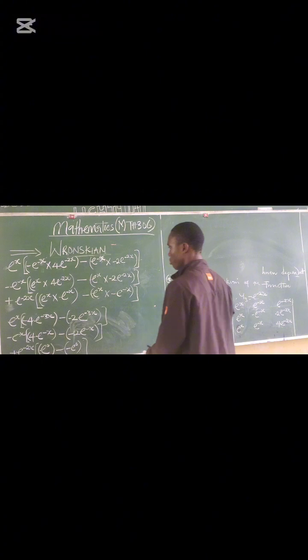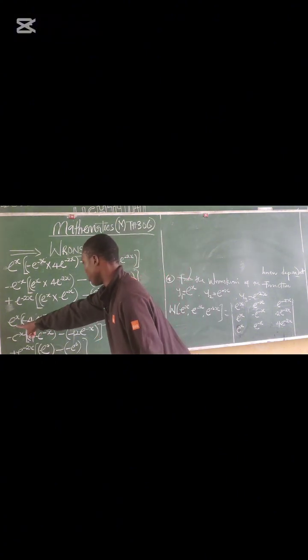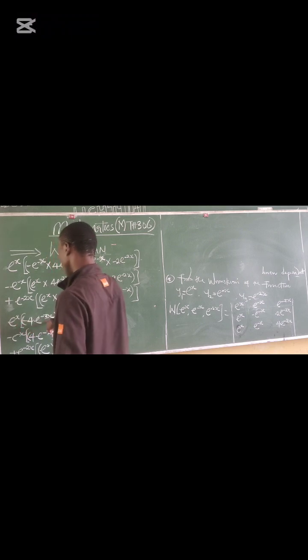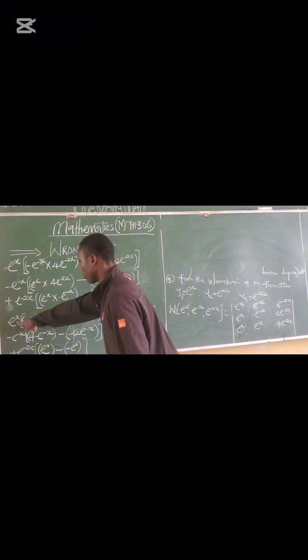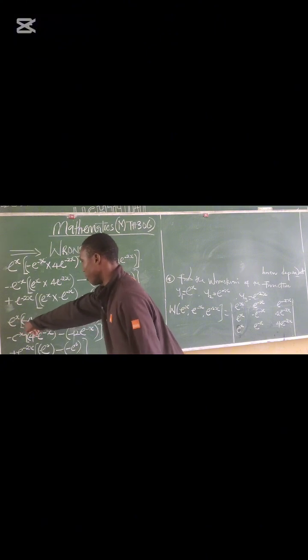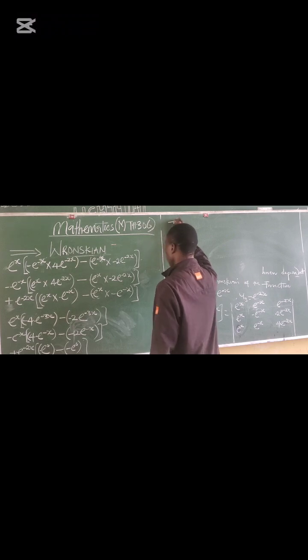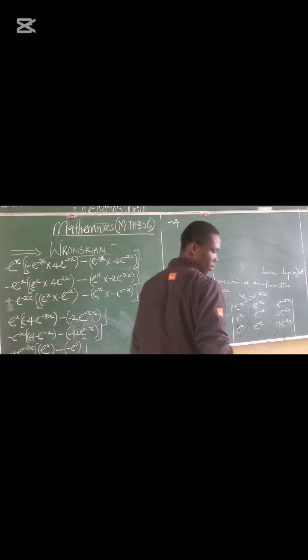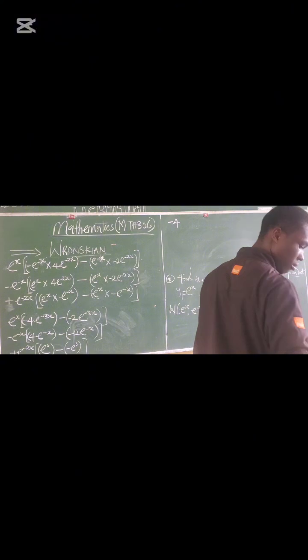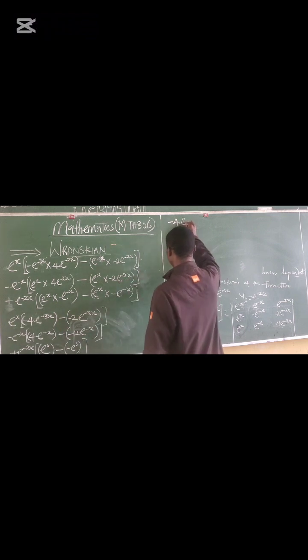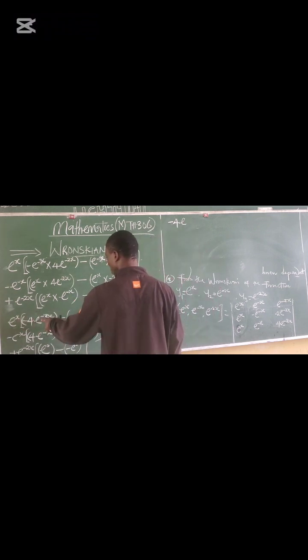Right, so in solving further the problem, I have this. I'm going to multiply this times this now. So I have exponential x times minus 4 exponential minus x. I'm going to have minus 4, the same thing, exponential, this is x and this is minus 3x.